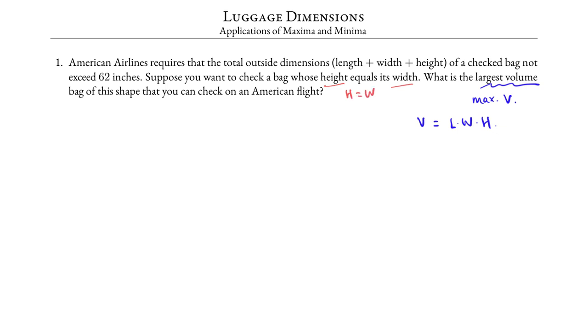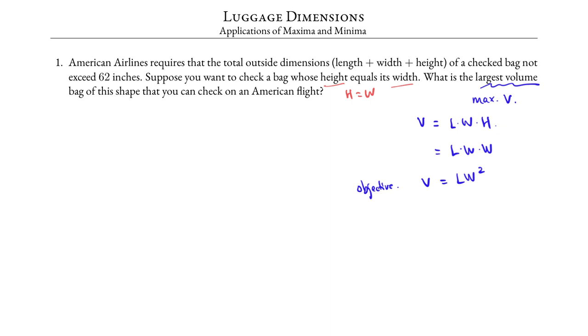So instead of length times width times height, we have length times width squared. So the volume is L times W squared. This will be our objective equation.